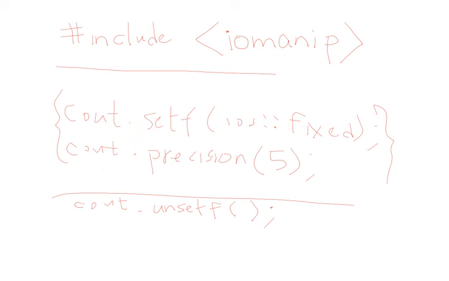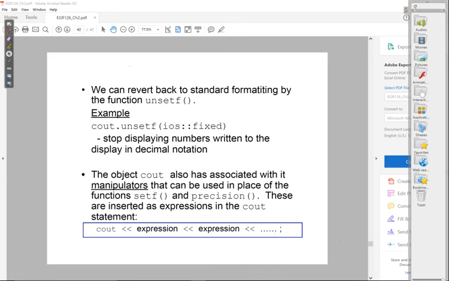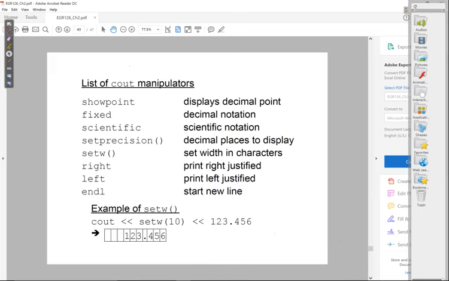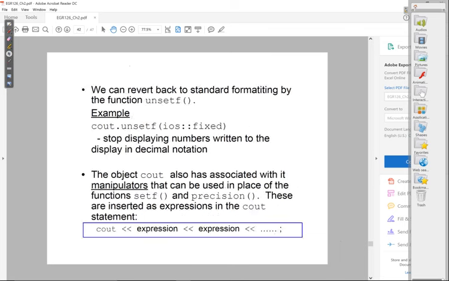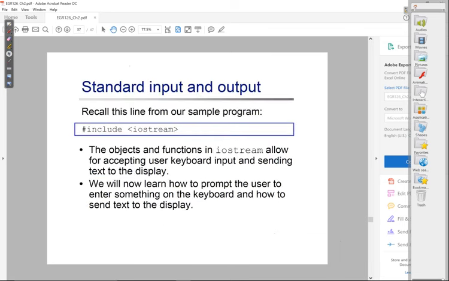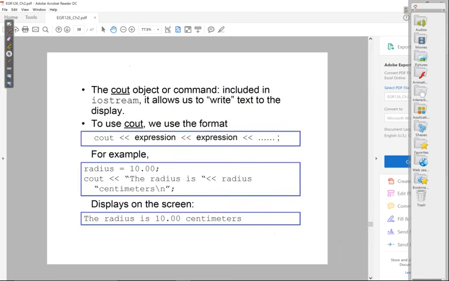So for that, there's a better choice, and that choice is going to be covered next. This is slightly better. Basically, if you look back at how cout works, I had said that cout could be used with a bunch of different expressions, and you could have as many expressions as you want.